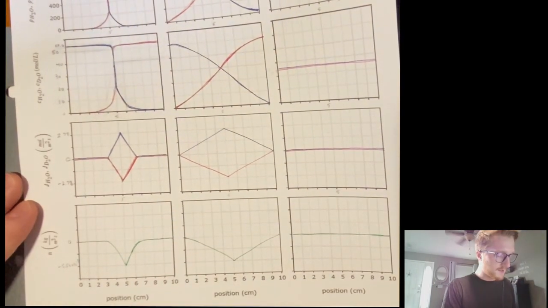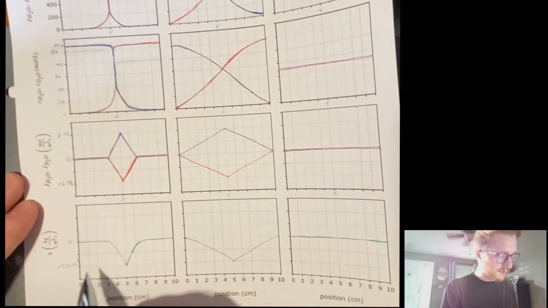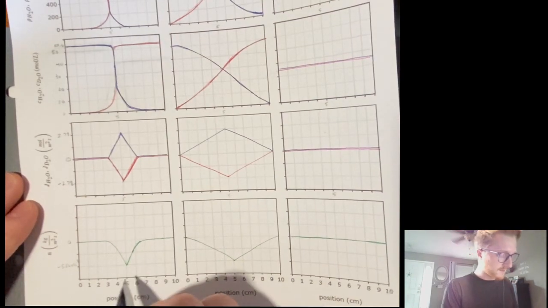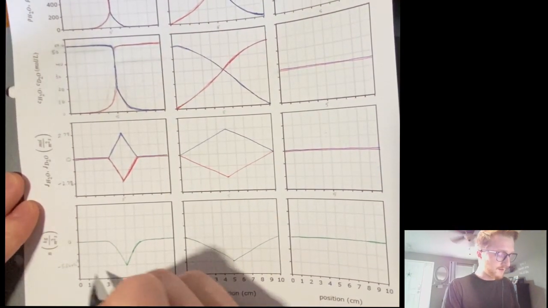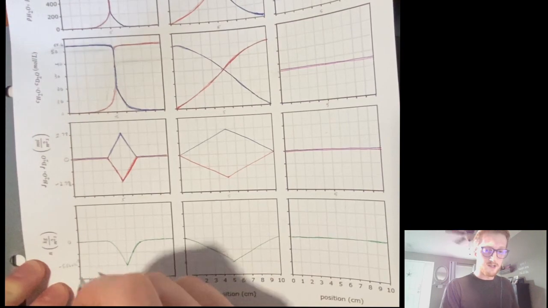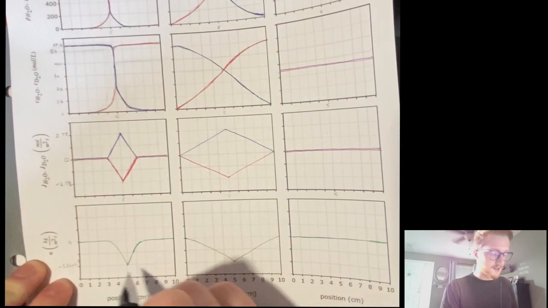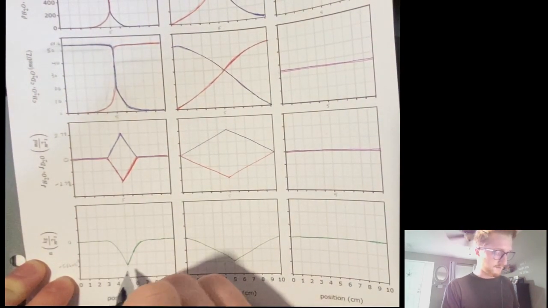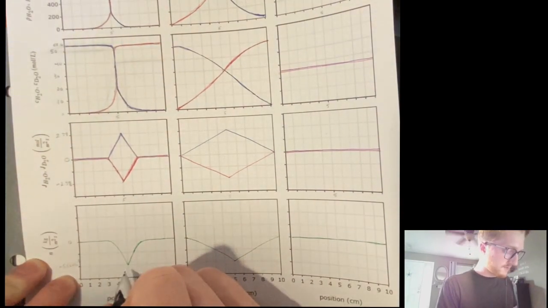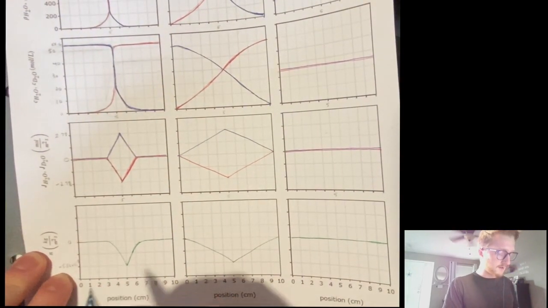And finally, the total mass flux throughout the capillary. Initially, you have that divider, and we calculated in step 1 what the max mass flux would be, which is about negative 5.